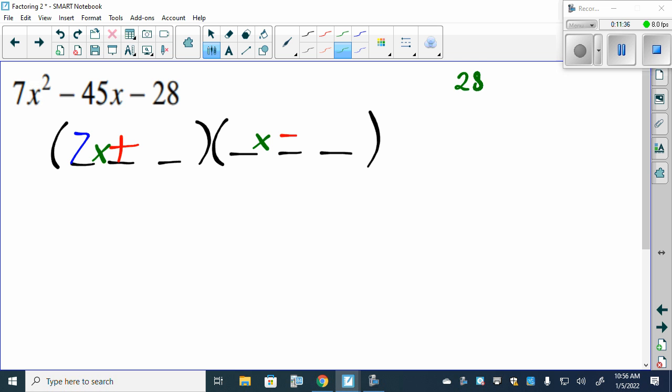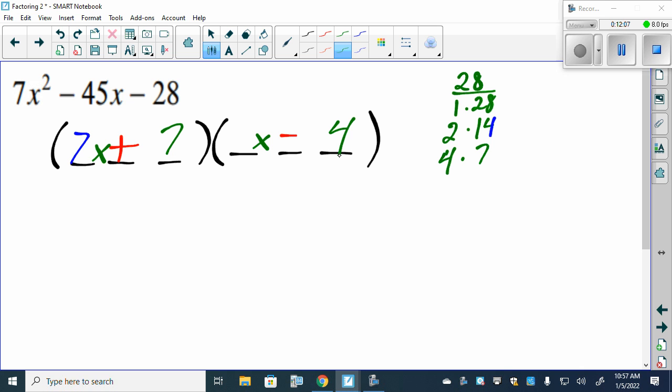Now there are a few more factors of 28, but we do have 1 and 28, 2 and 14. 3 doesn't work, but 4 and 7. Does it matter which one we put in first? So we can say 7 and 4. Yeah, we'll have to switch it.